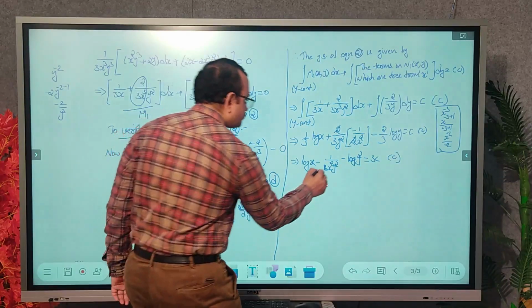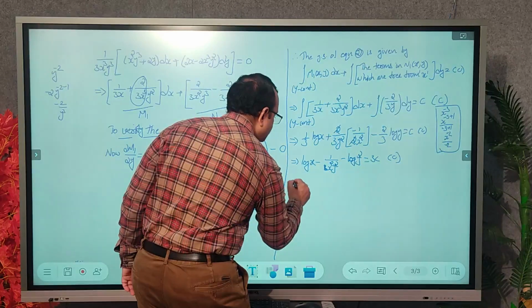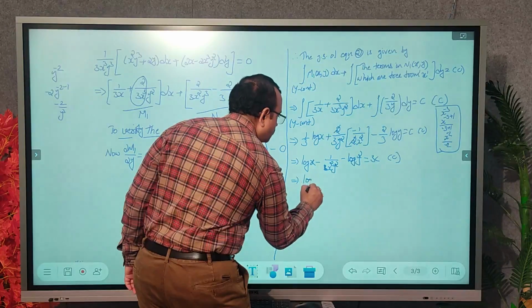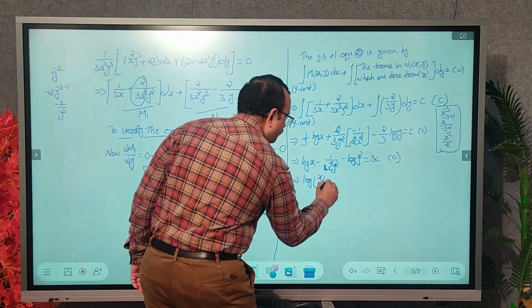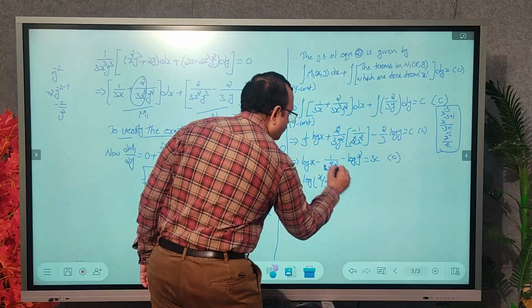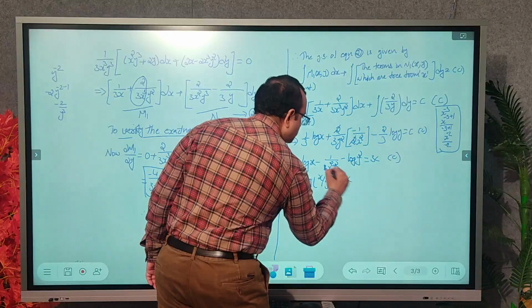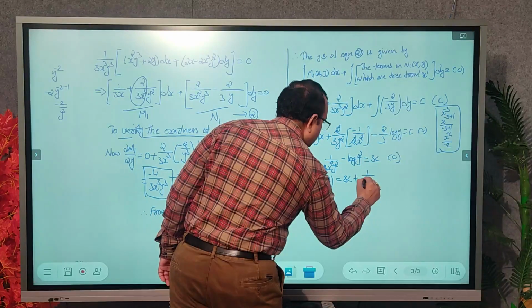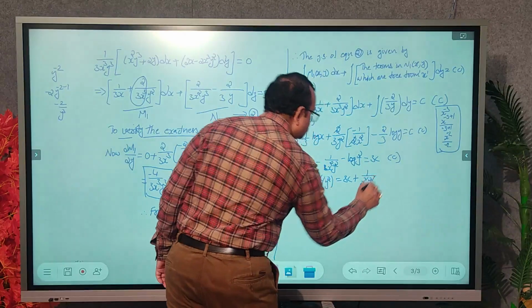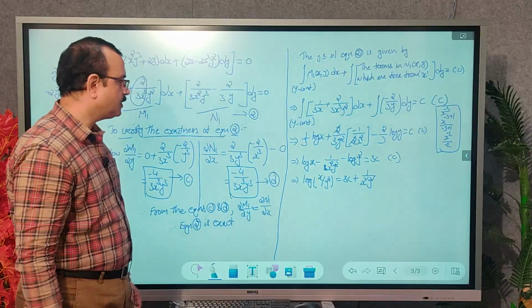Okay, now we can write it using the logarithmic formula. So log x minus log y square can be written as log of x by y square is equal to 3c, plus this term we can write on the right side, 3c plus 1 by x square y square.